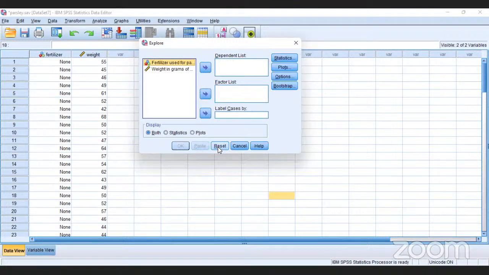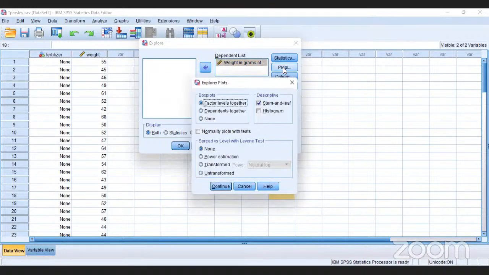What should I do? Okay. So what should we do? Go to plots. What should we do? Continue.